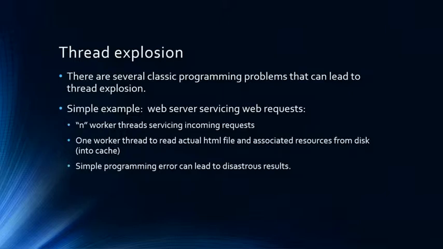I want to get to default HTML or index.html. And then you have one or more worker threads that will read the actual HTML file off of disk and into cache. And one of the things that we actually encountered was very simple program errors can lead to very disastrous results.